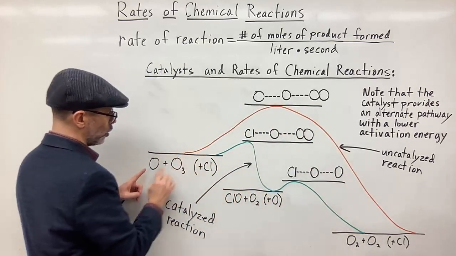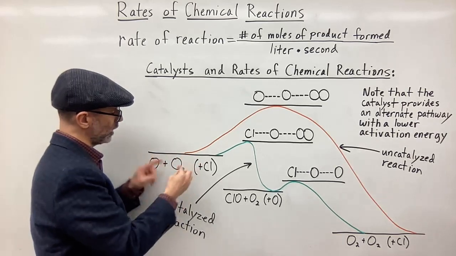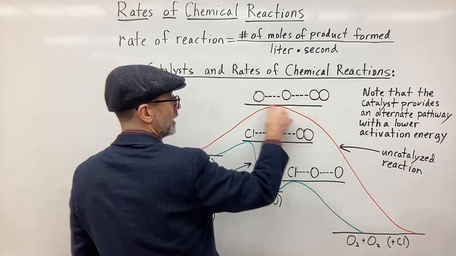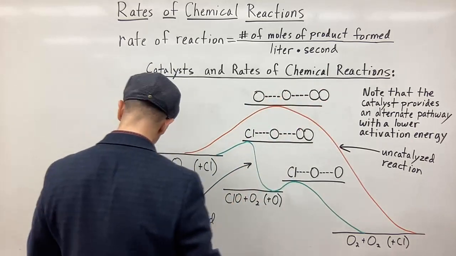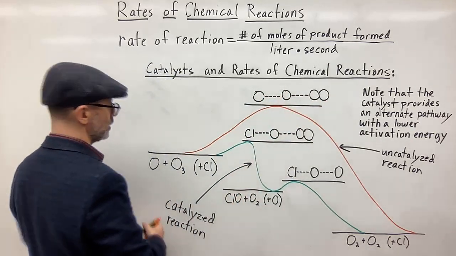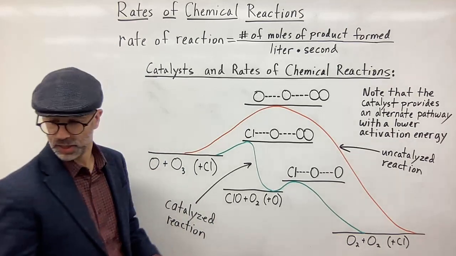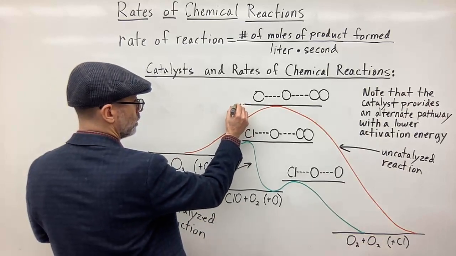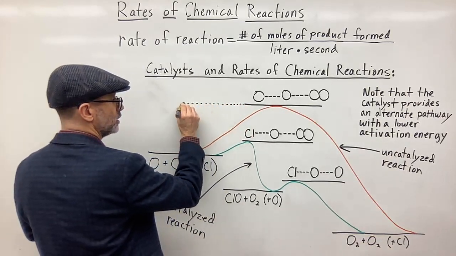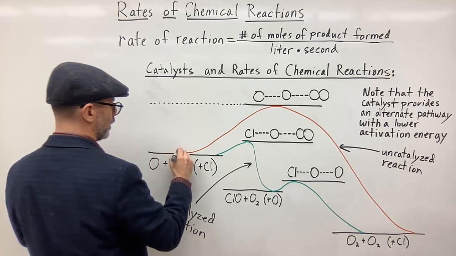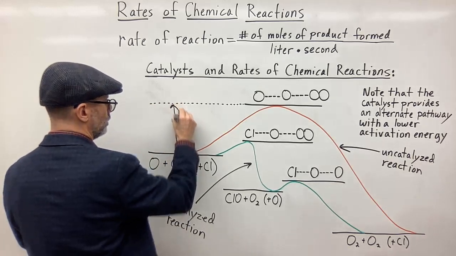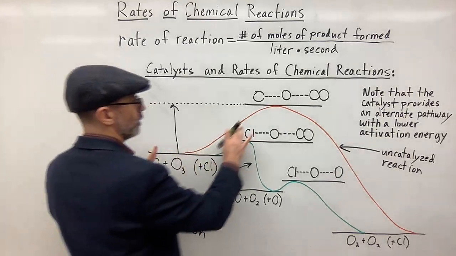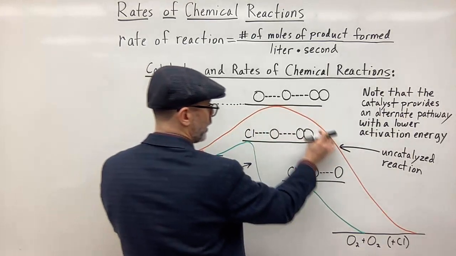So that would go up. The oxygen atom will collide with the ozone, and then you're going to get your activated complex. So you can see the activation energy here. If I draw this across, then you'll see that this is the activation energy needed for this pathway here.